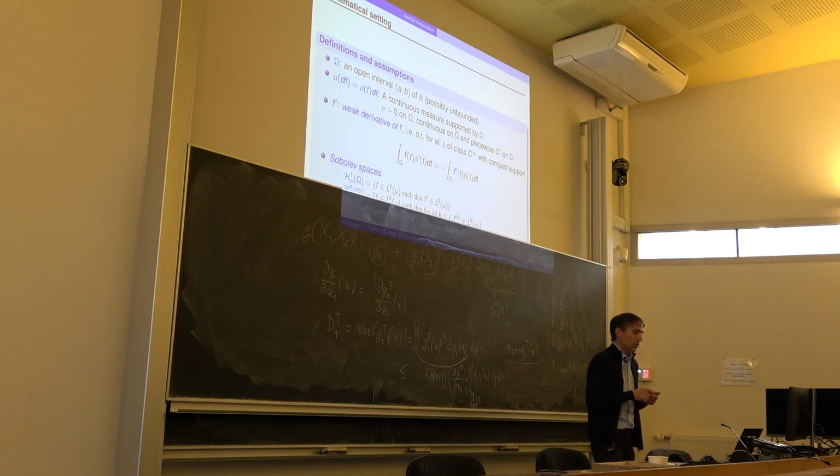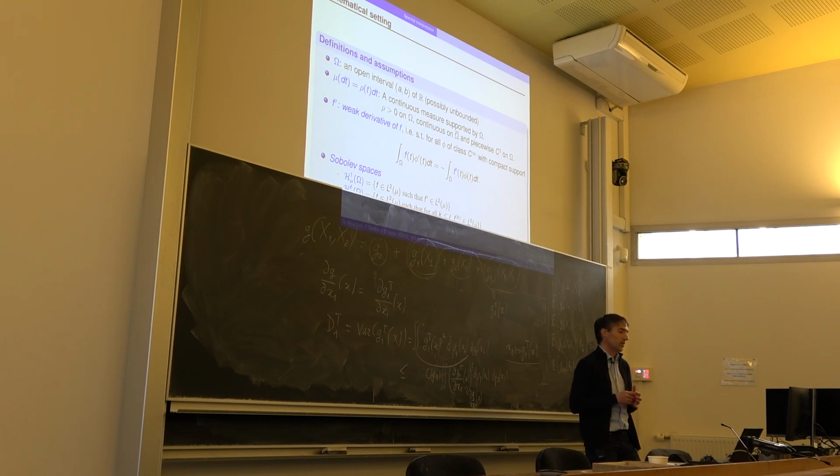Then the good framework for Poincaré inequalities is Sobolev spaces, which are defined here. It's a subspace of functions of L2 for which the derivative is also square integrable, and the derivative is defined in a weak sense, so in the sense of distribution.